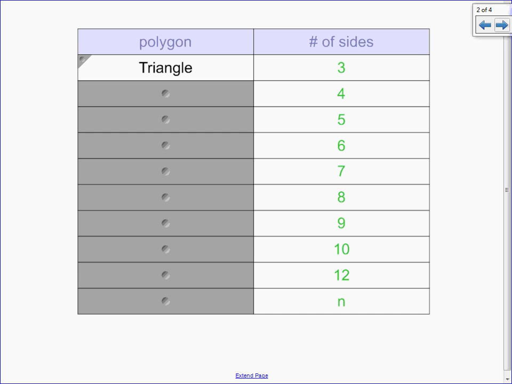So I'm going to give you a few seconds to remind yourself back to elementary school when you learned all of these. Some of them aren't used very often, so they'll be more difficult to recall, but write down all the ones you remember. For 8, can I just write stop sign? Stop sign.